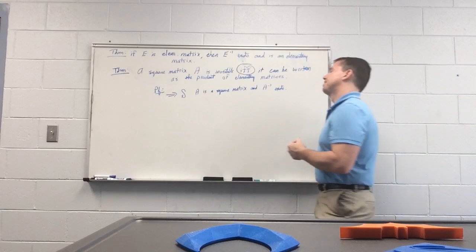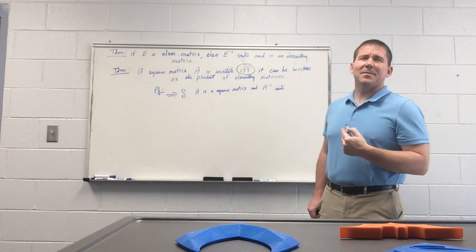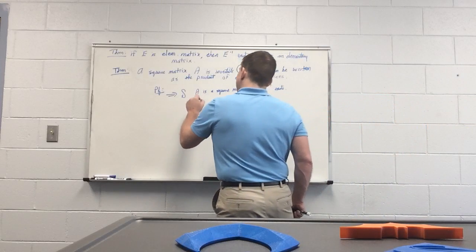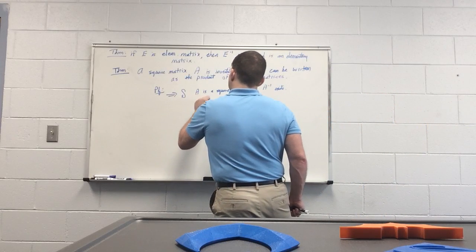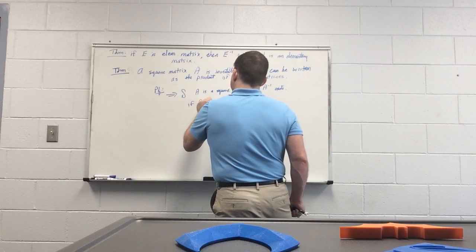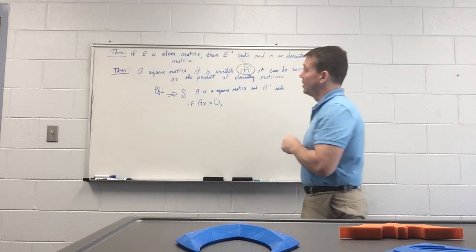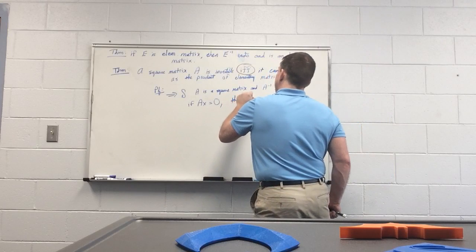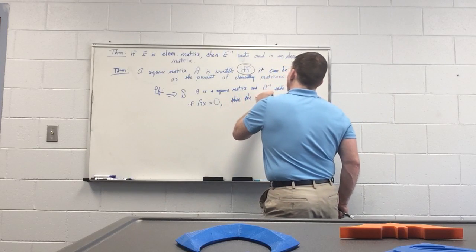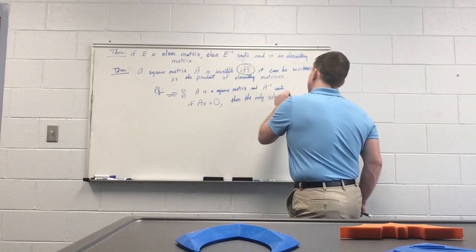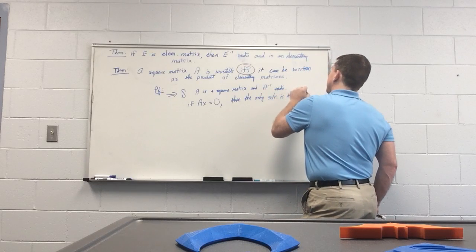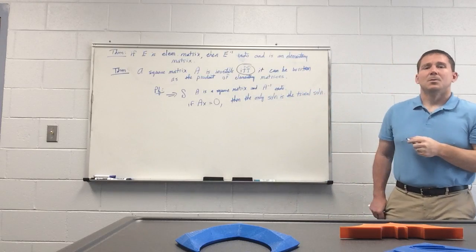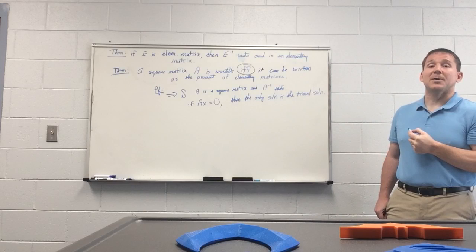But let's see. If I go back to one of my earlier theorems from the beginning of this chapter, I think we had shown that if AX equals 0, then the only solution is the trivial solution, where all the x's are equal to 0.